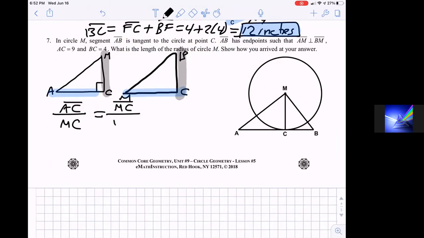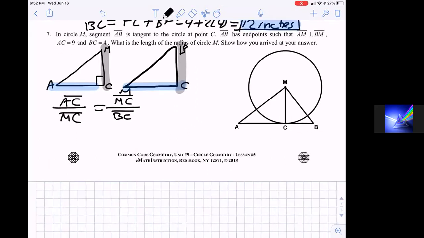MC is to BC. And essentially what you'll do is you'll go ahead and do your cross products. So we get AC. Actually, let's go ahead and throw in some numbers here, just to make it easy. AC, we saw, was 9. So this is 9 over MC. Do we know what MC is?